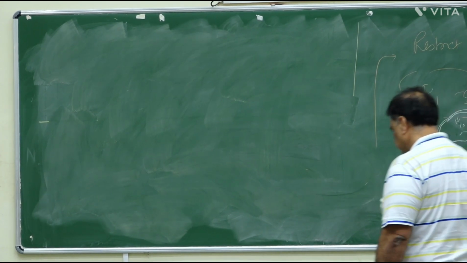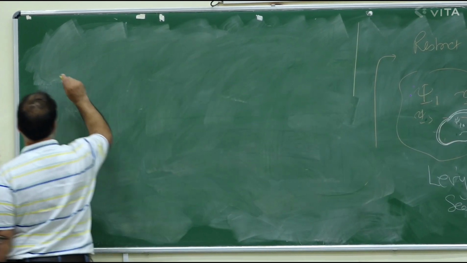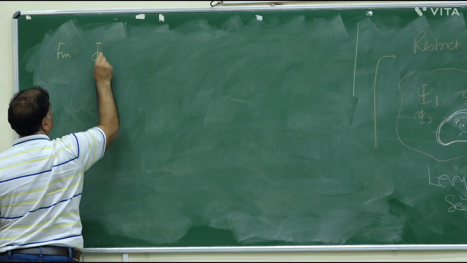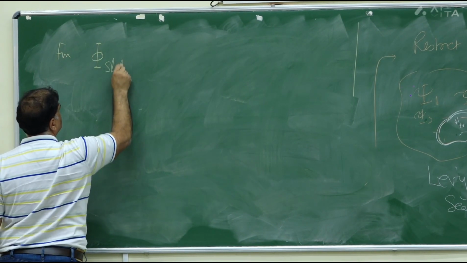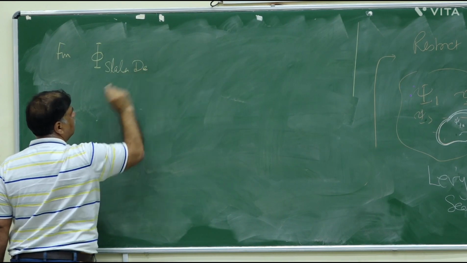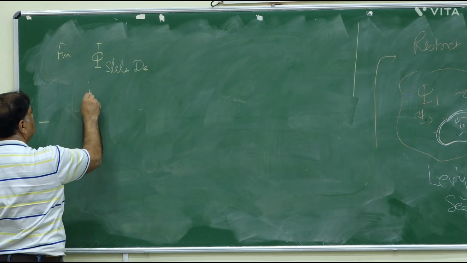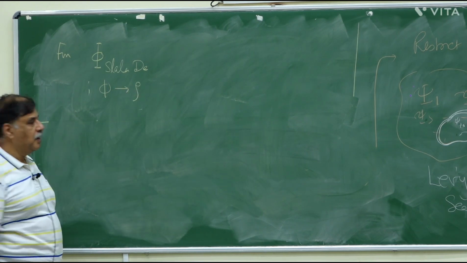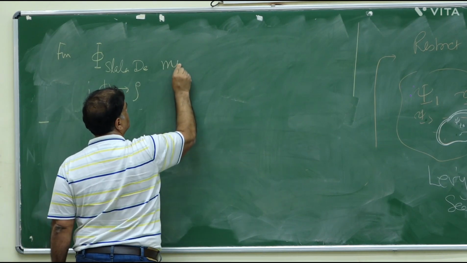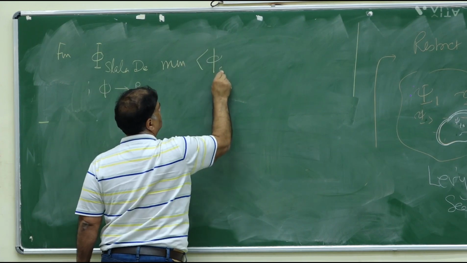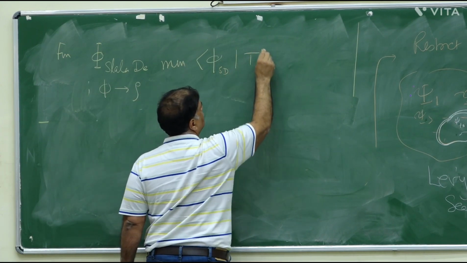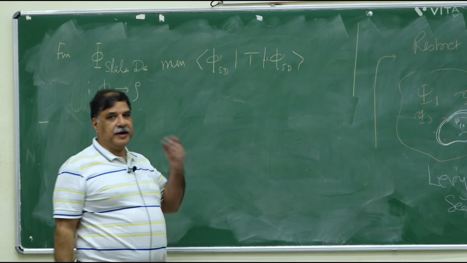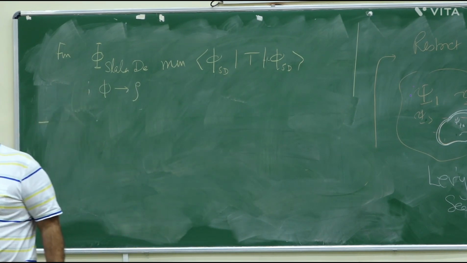So if we say find phi Slater determinant such that these phi give me rho and minimize phi SD T phi SD, because Kohn-Sham is a non-interacting system, there is no electron-electron interaction.